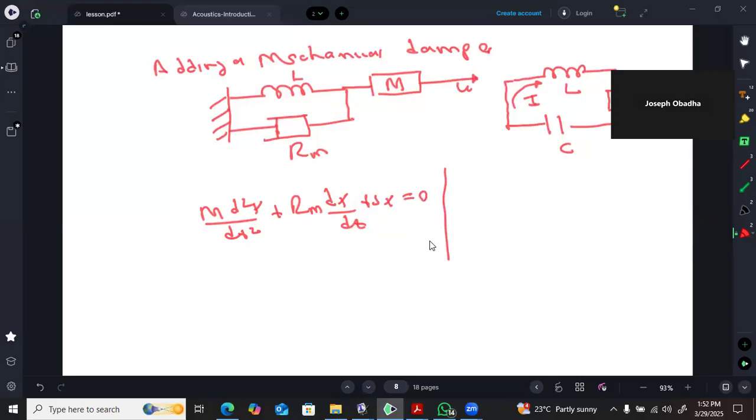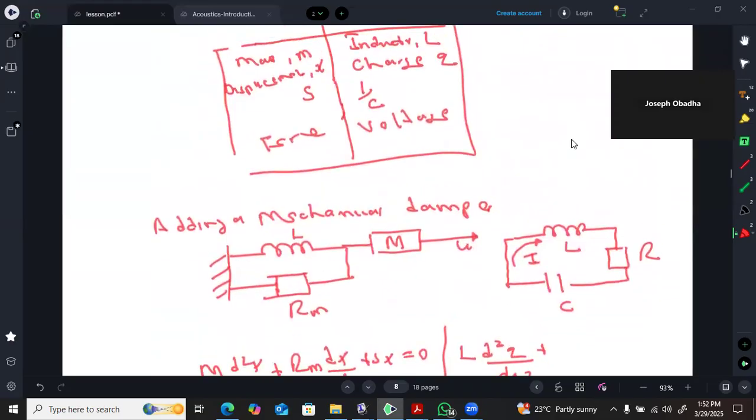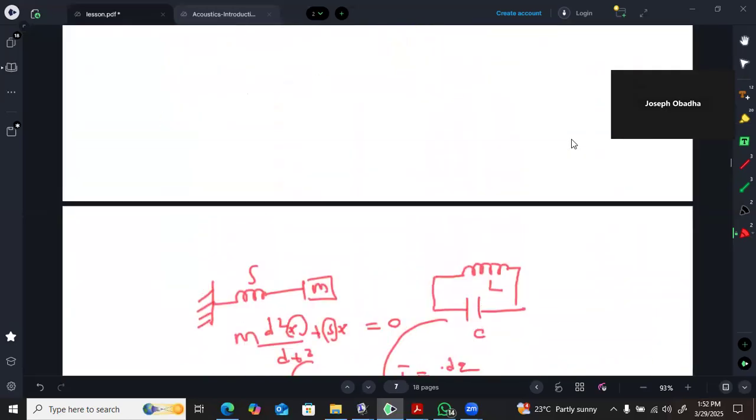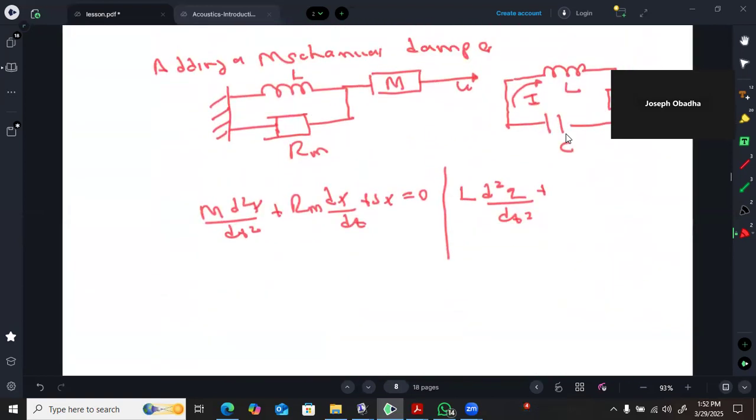And for the electrical counterpart, you would have L d squared q by dt squared plus R dq by dt plus 1 over C q equal to 0.